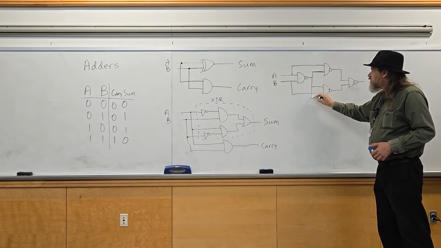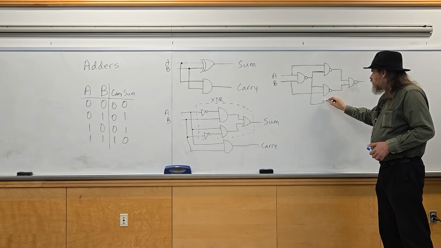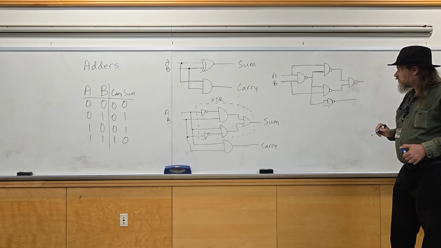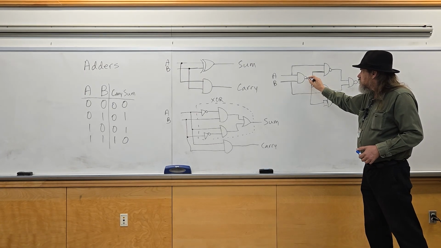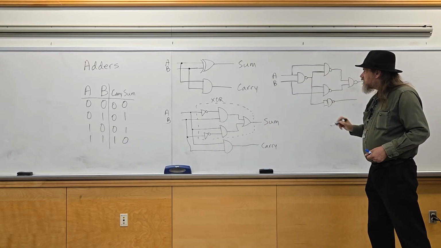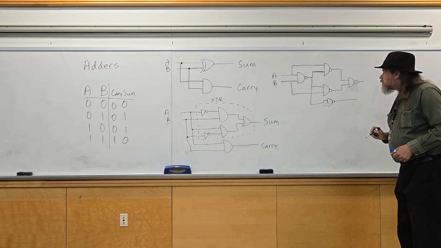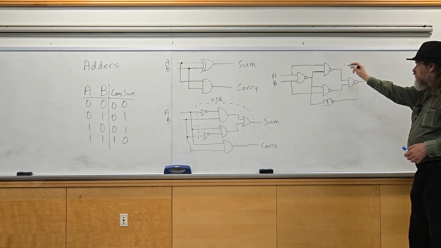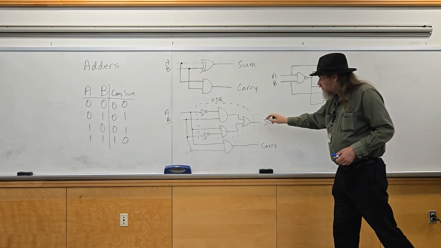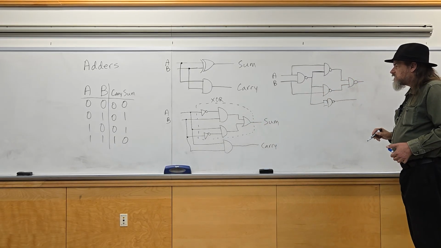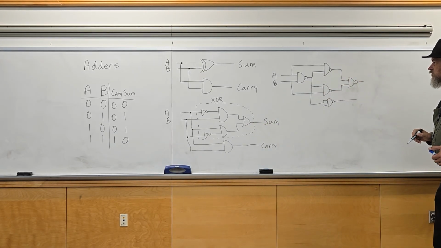So all you would need is an inverter to invert the inverted output of this NAND gate here. So this uses 5 gates as opposed to the 6 gates of the conventional implementation.